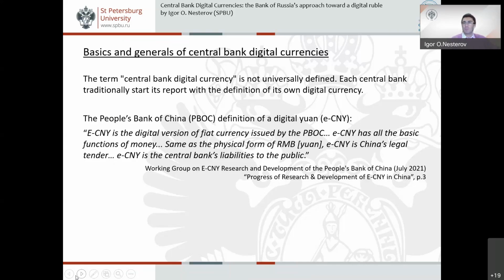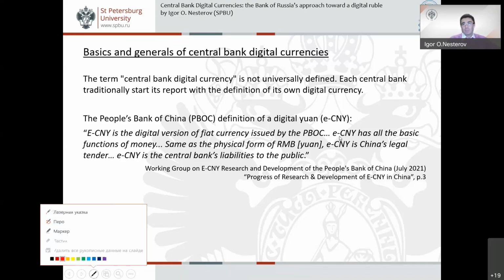That is the definition of the digital yuan, the digital currency of the People's Bank of China. Short remarks from the report of the People's Bank of China: the digital yuan is a digital version of fiat currency issued by the People's Bank of China.